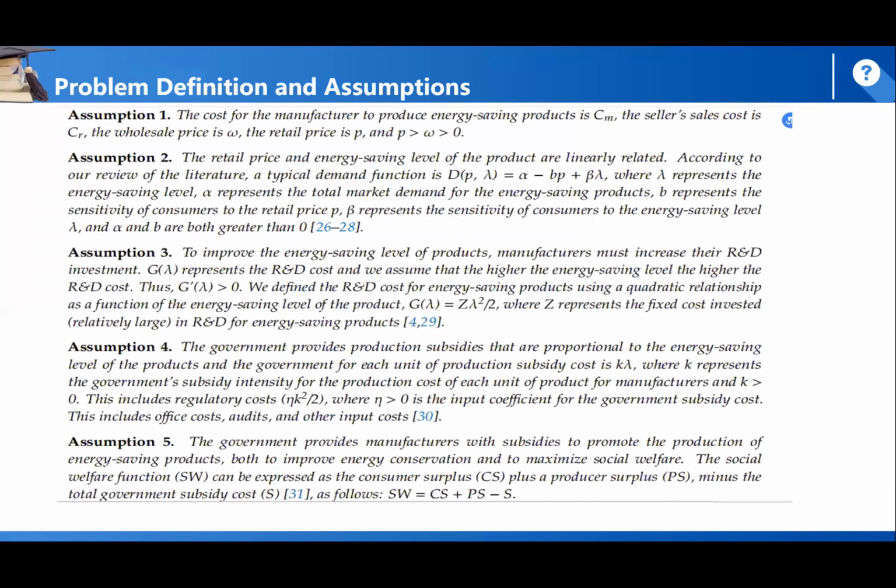First one, the cost for the manufacturer to produce energy-saving products is the same. The sales cost is CR. The wholesale price is omega. The retail price is P.